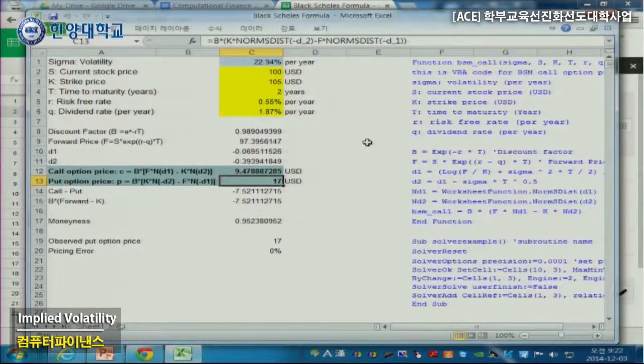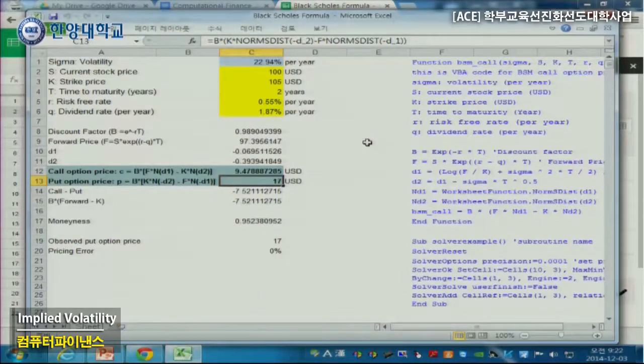Therefore, we should increase volatility. And if we increase volatility by 0.94%, we can exactly match the model put option price and the observed put option price.